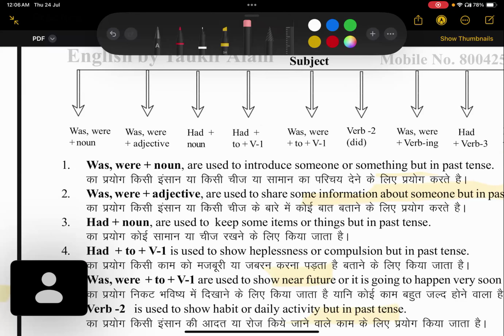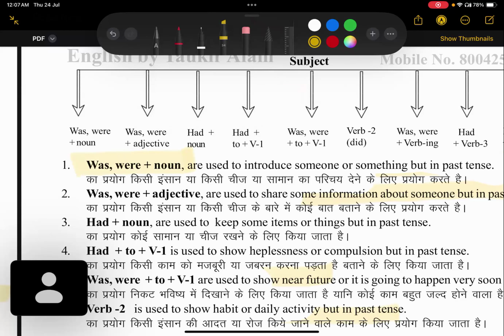Then how will you speak that thing? Was verb plus noun means you introduce someone or something. Let's see some examples.